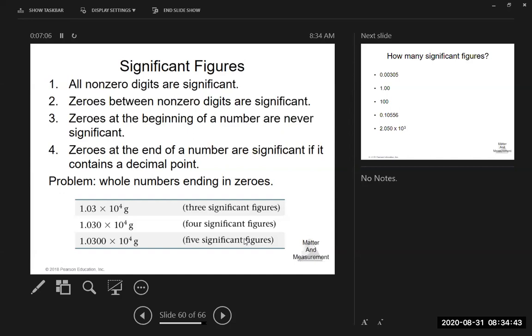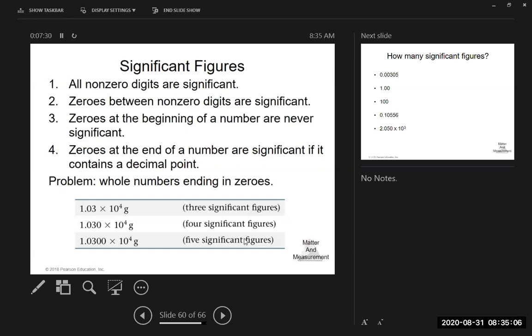So here's a few examples of significant figures. We look at the first one, 1.03 times 10 to the 4th grams. There we have 3 significant figures. So why is the 0 significant in this one? Any thoughts on that? In between the non-zeros? Right, it's in between the non-zeros. So that's that rule number 2 that we had.